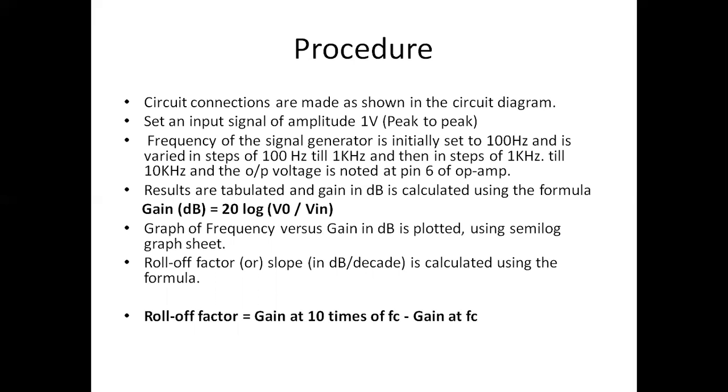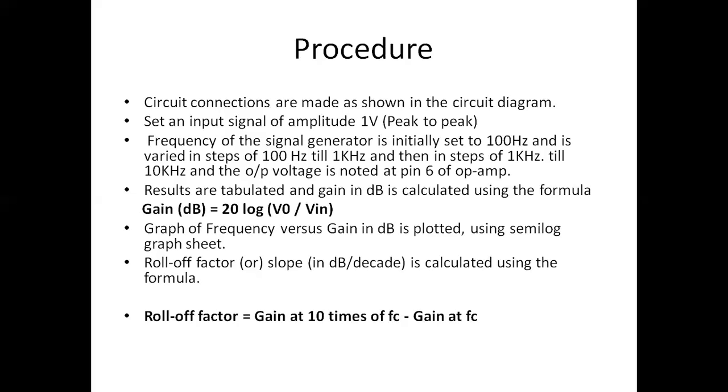Initially, since it is a low pass filter, you have the pass band. If you are giving 1 volt input, the output must be 1.586, because in the pass band the gain is fixed at 1.586. After 100 Hertz, you go in steps of 100, 200 like this till 900 Hertz, 1K.